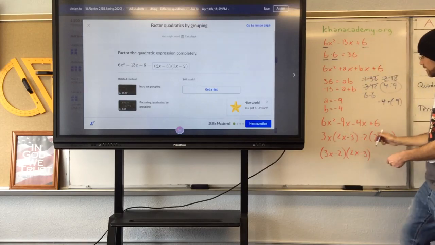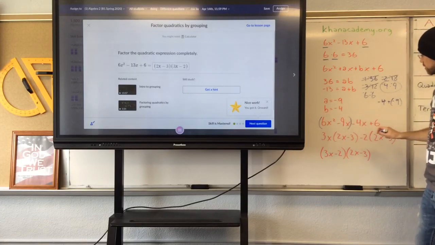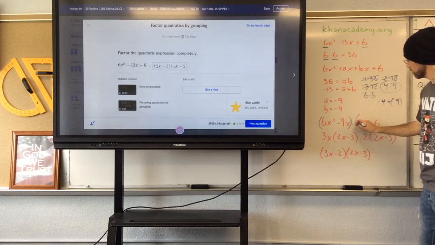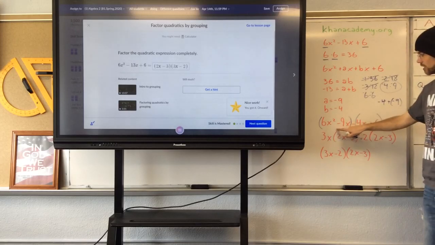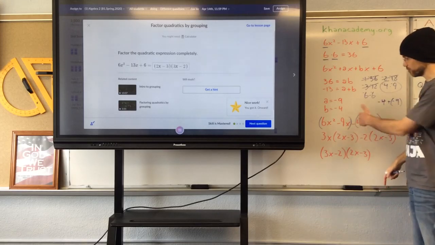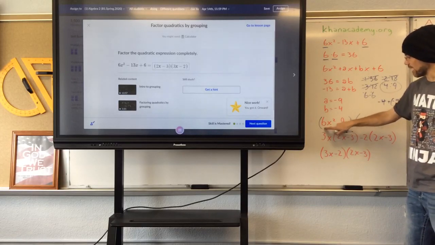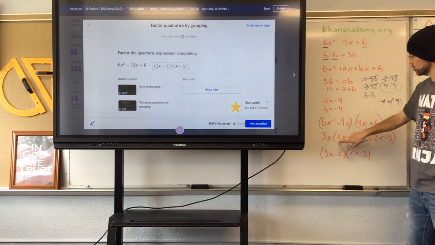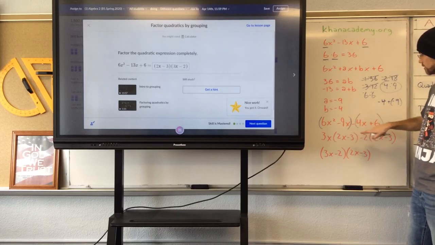And I look at that, and I group this, and I group this, and I factor out the greatest common factor from each of them. So if I take 3x out of that term, 3x times 2x is 6x squared. 3x times negative 3 is negative 9x.